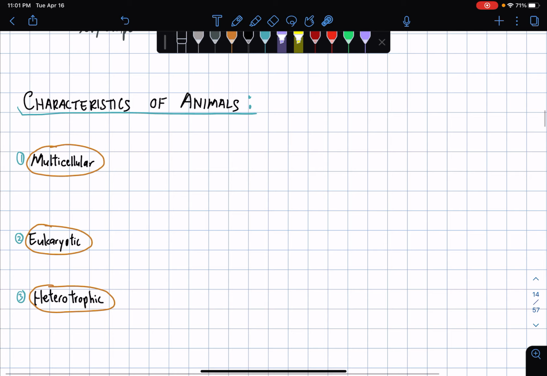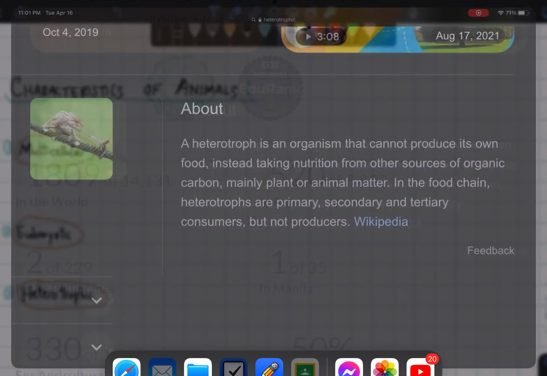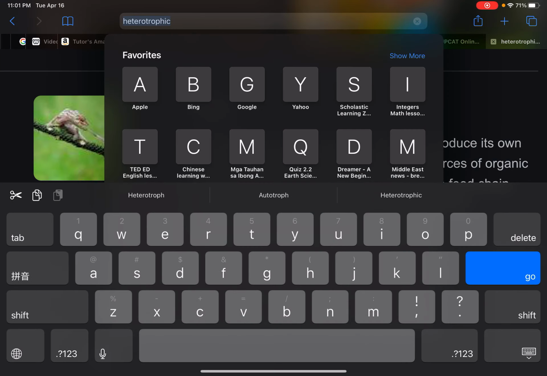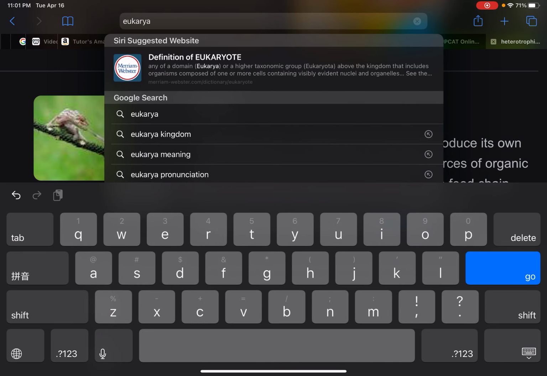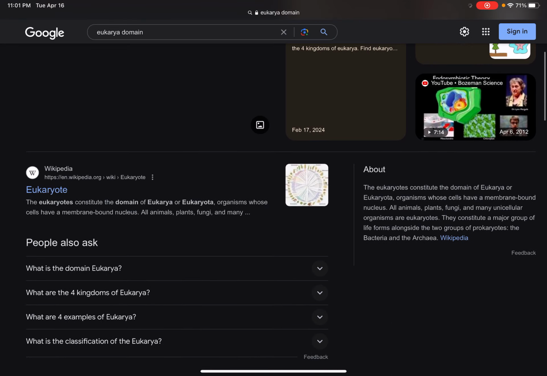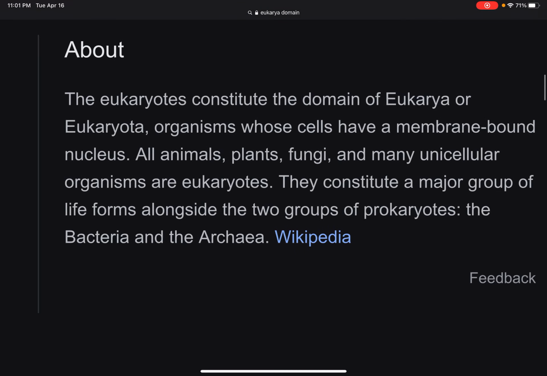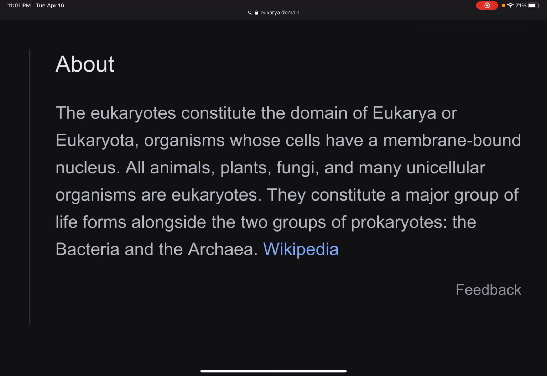Okay. So, what does it mean to be eukaryotic? I don't exactly remember what this is called, but we have domain Eukarya. One description of what eukaryotes are is that they have a membrane-bound nucleus. I suppose it also includes membrane-bound organelles because at the same time animals are multicellular.